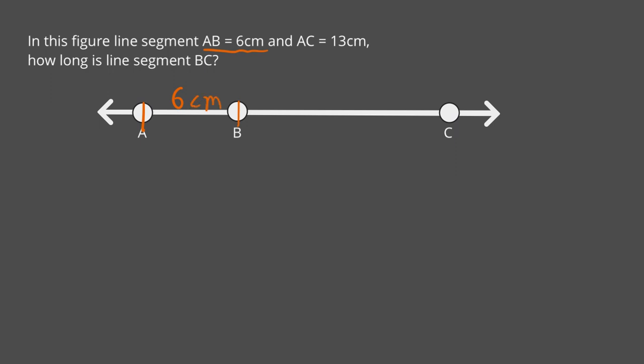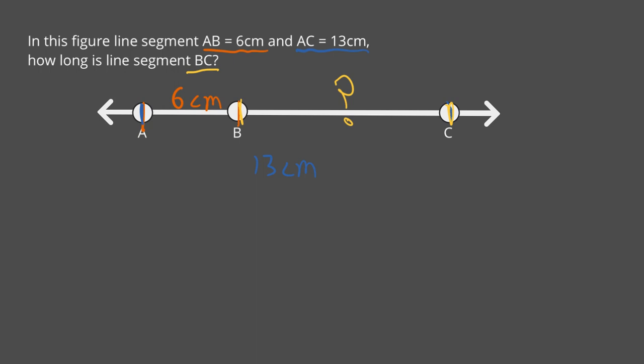And line AC, which we will do in blue, is 13. And that's going to go from point A all the way to point C, is 13 centimeters. And the problem wants us to find segment BC, which we will do in yellow.